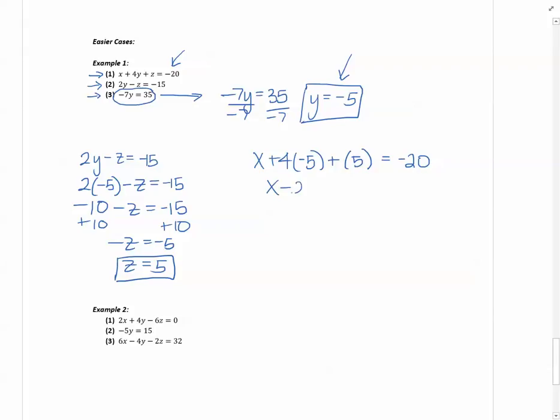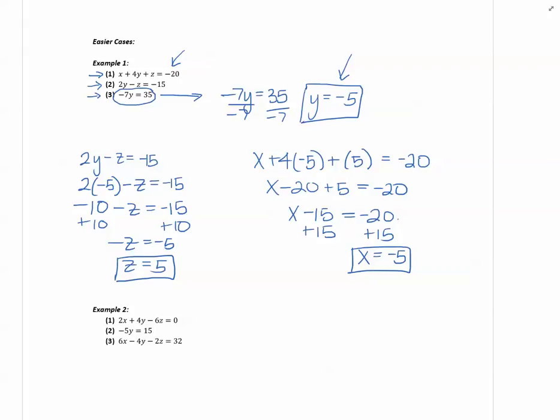So x minus 20 plus 5, x minus 15 equals negative 20, add 15, x equals negative 5. Okay, so they're easier, right? There's not as much work to do. They're just different, and you have to know that if you can find one of the variables right off the bat, do it. Then plug it in the other equations and solve it.